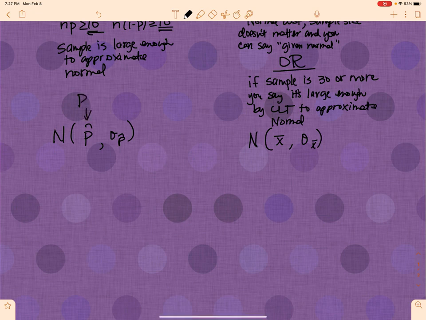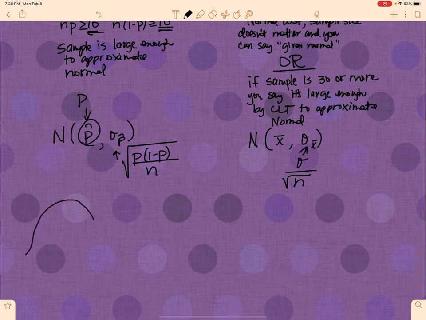And the standard deviation for your distribution is going to be the square root of P, the P you were given, times 1 minus P over the sample size. Don't forget that everything is in the square root. For quantitative, you're going to have the standard deviation you were given divided by the square root of n, and that is what will go right there. That is how you do this.